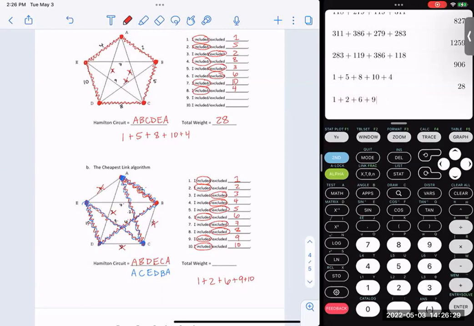Neither one is guaranteed to be optimal. They're just guaranteed to be good solutions. So on this one, even though it's a different answer, we happen to get the same weight. So either one would be just as efficient in this case. So 28 miles or 28 minutes or $28 or whatever those units might be.